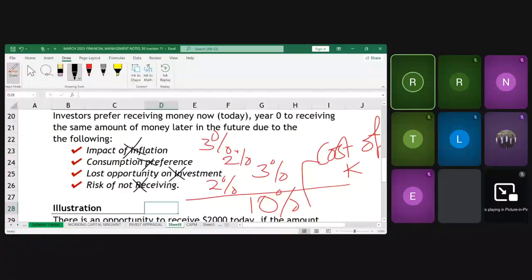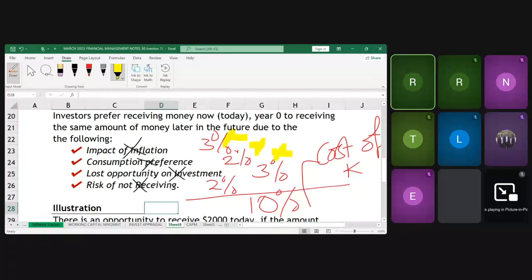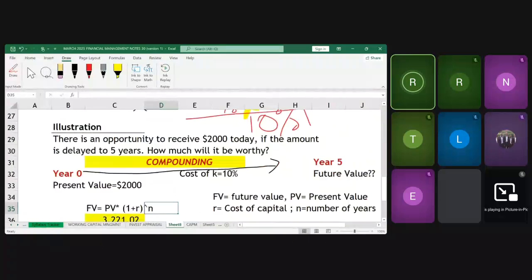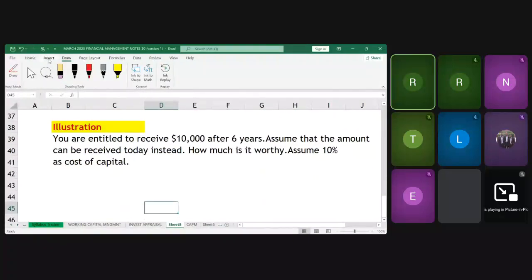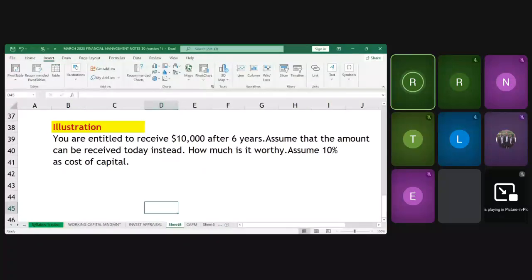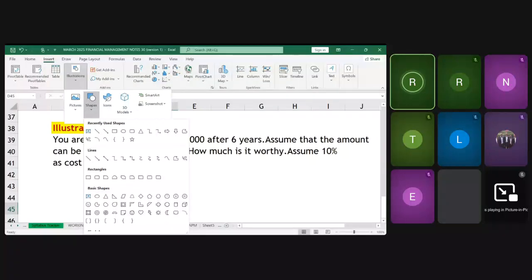So it means that all these items that we have charged, we need to remove from the money. So we are going to deduct 10%. This is called discounting. If we are moving from the future into today's terms, we are discounting.